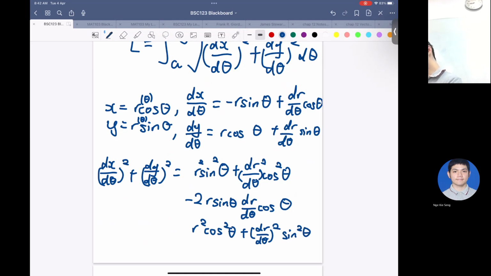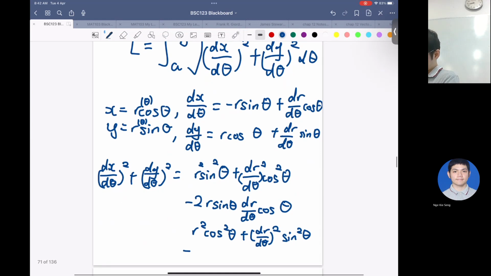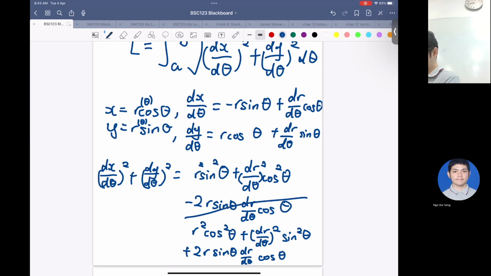Okay. So you might see that there's a lot of junk terms here, but when you see cos squared or sin squared, you should feel happy. Because if you add cos squared and sin squared together, you get 1. Okay, you will simplify them. So always look for sin squared and cos squared. Okay, so you can see that they produce exactly the same cross term, one with plus, one with minus, so they cancel out. And then what else are you left with? r squared sin squared, r squared cos squared.